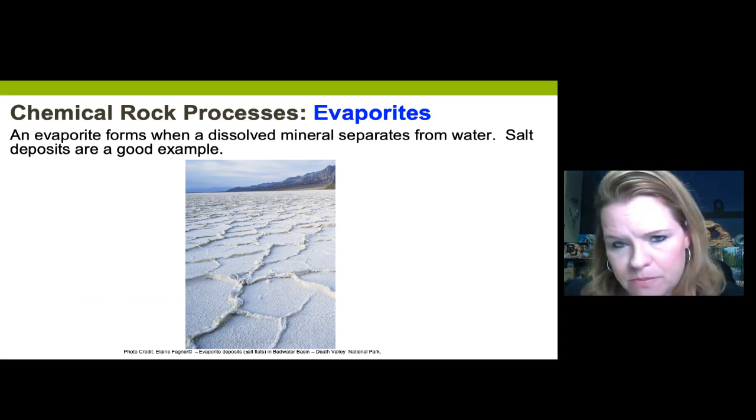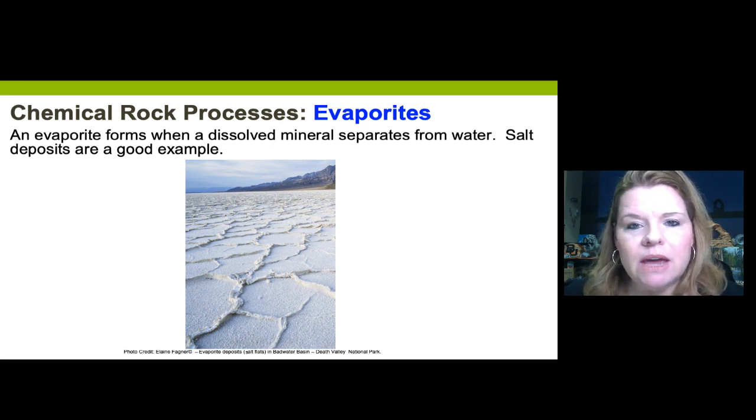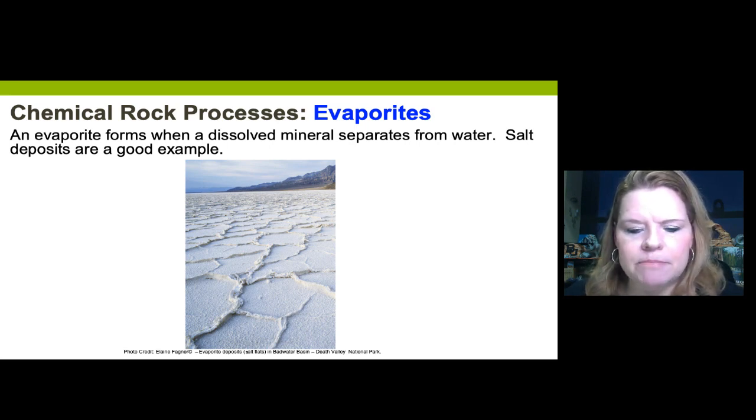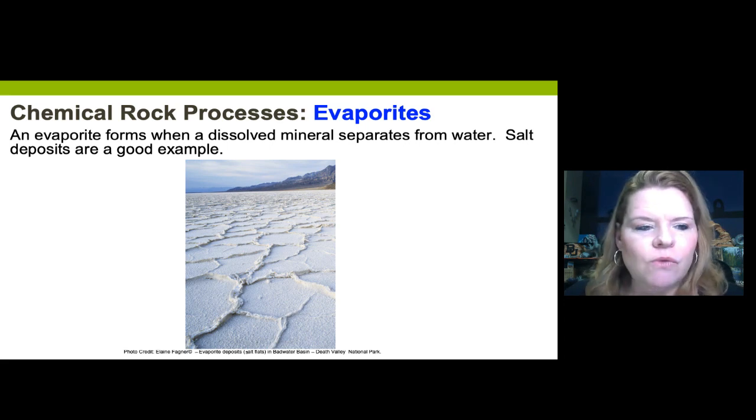Another process for making sedimentary rocks is a process of evaporites. So let's say we get water that has halite in it, salt deposits, right? And it evaporates off of land. It's going to leave a solid behind, which is a salt deposit. These are salt flats in Badwater Basin of Death Valley National Park in California.